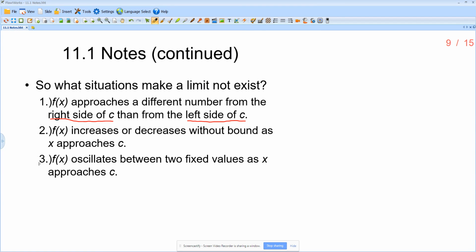So you'll see a little bit of these oscillating functions and how the limit doesn't sort of exist there. A classic one to think about is sine, cosine. They continue to oscillate. So there are some limits that I can talk about for that, but some that I can't because of that oscillating nature.